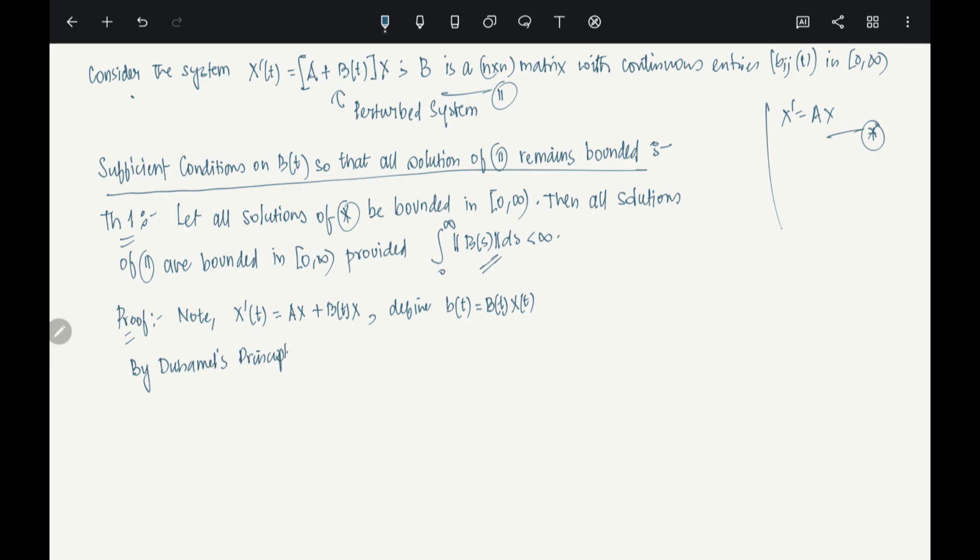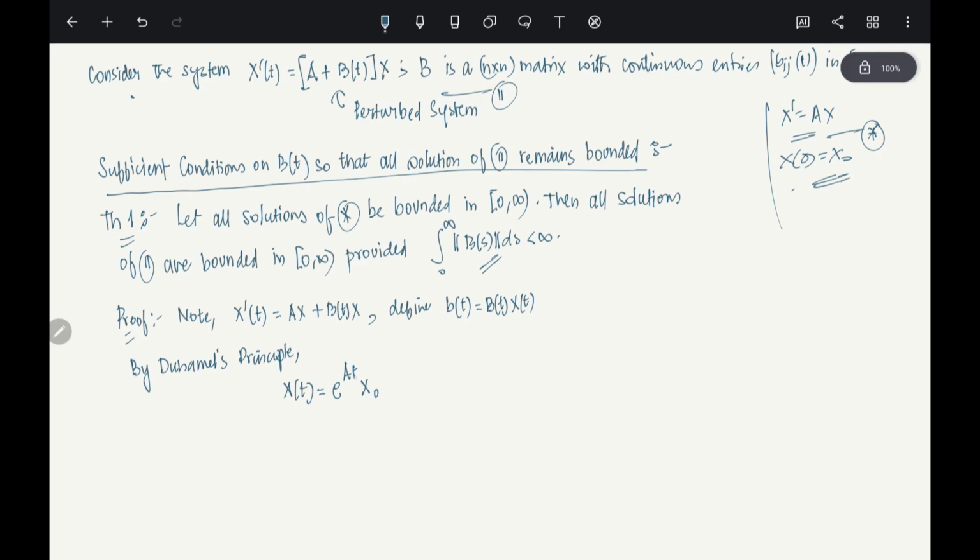what do you get? You get that x of t is e to the power At times x naught. Where is this coming from? See, this is the solution of this problem provided x of 0 equals x naught. So I'm just using that.